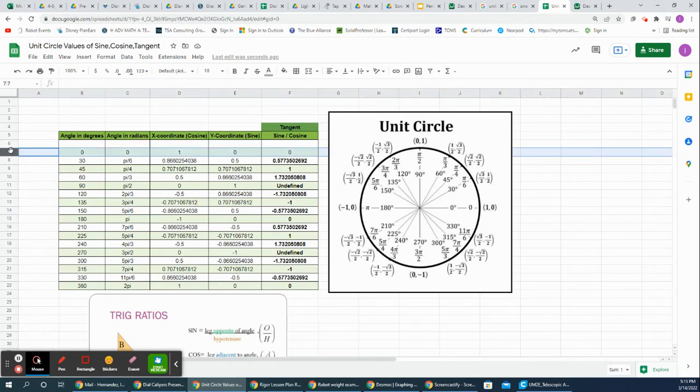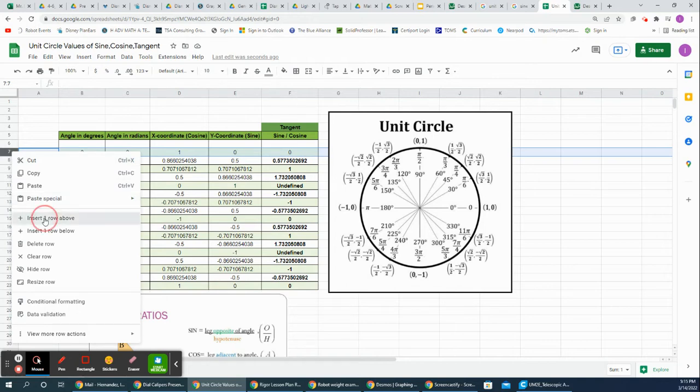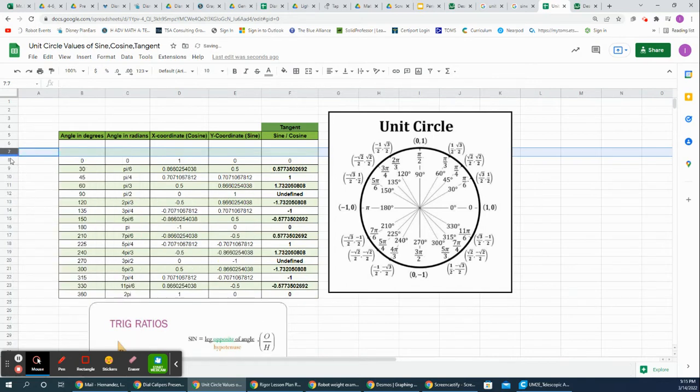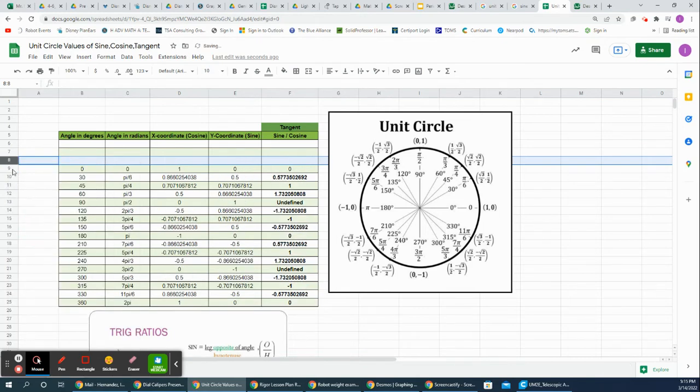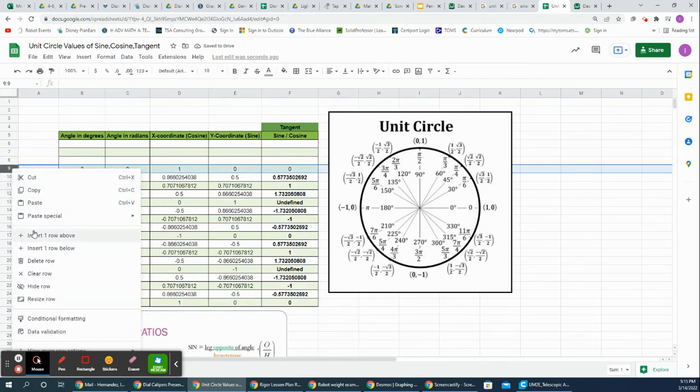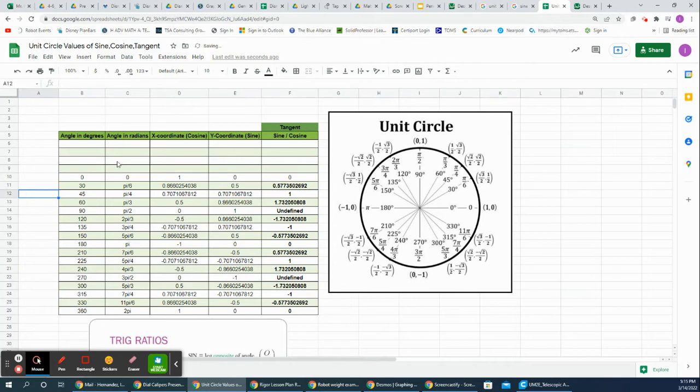So that's 1, 2, 3, 4. Okay, so essentially we've added 4 extra rows, right? 1, 2, 3, 4. We've added 4 extra rows to our table of values.